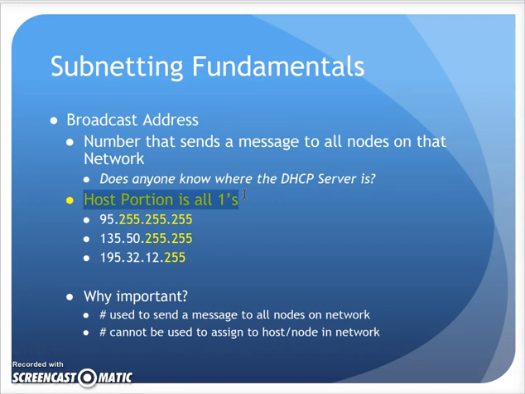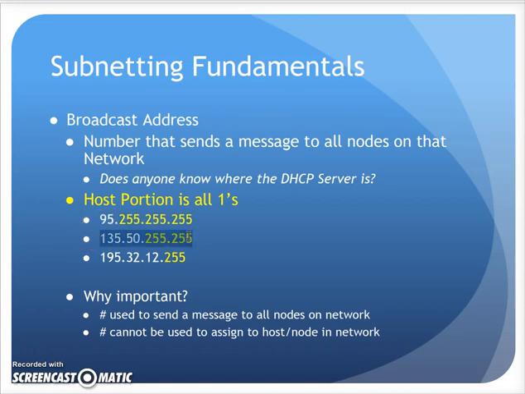So, if I have the 95.0.0.0 network, if I want to send a message to everybody on that network, the following address is going to get used, 95.255.255.255. That is an address that can get used to send a message to everybody on the 95.0.0.0 network. Same thing on a Class B 135.50 network.